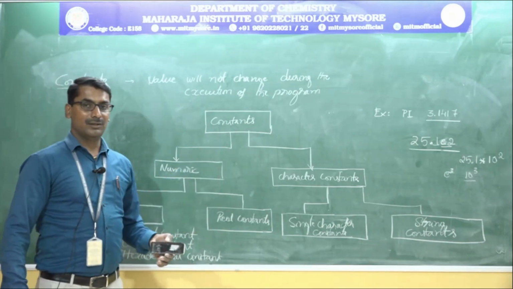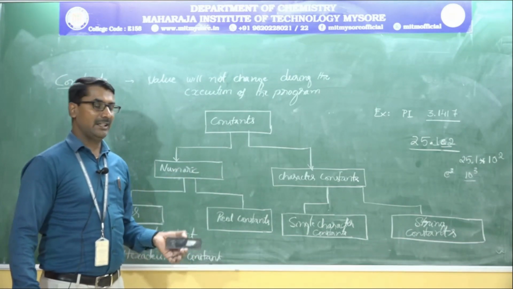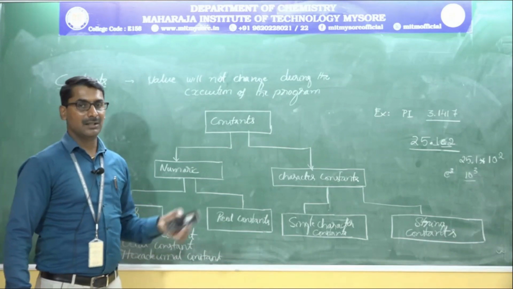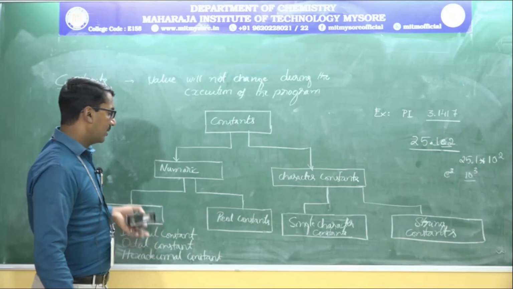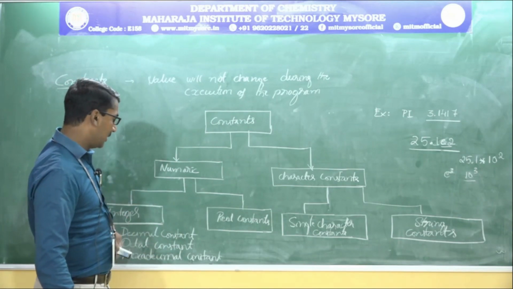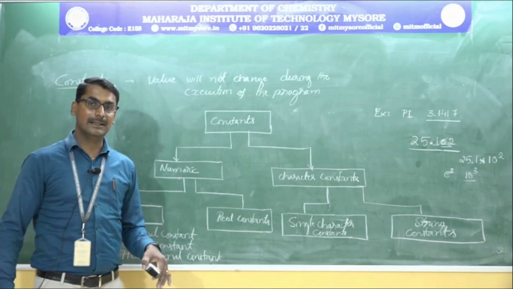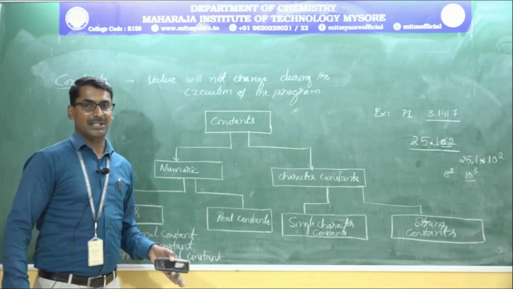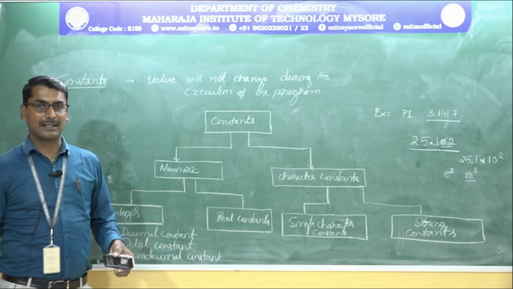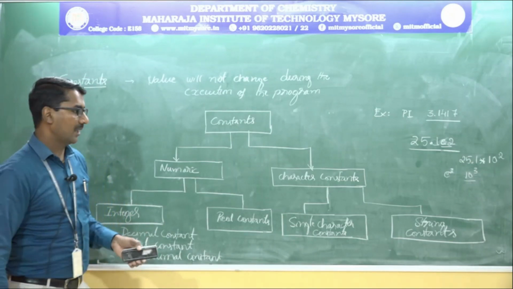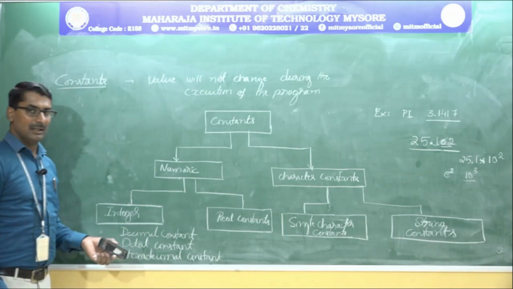Similarly, the float value range is also different. If you are using a 32-bit machine, the value range is double. So the value range of integer and real constants depends upon the machine, either a 16-bit, 32-bit or 64-bit machine. Okay, that is about the real constant.